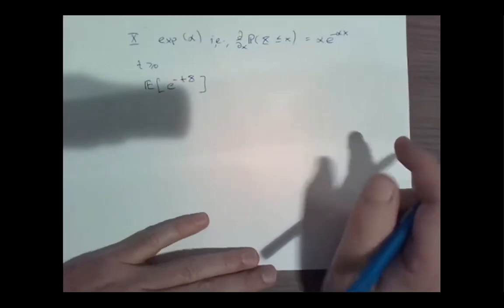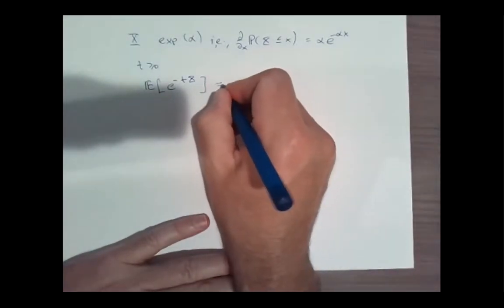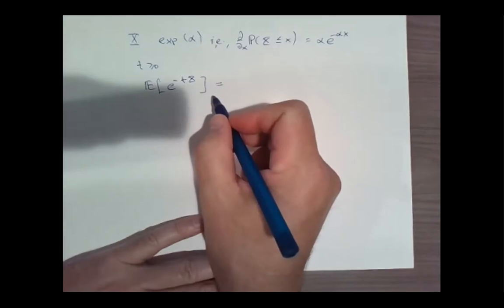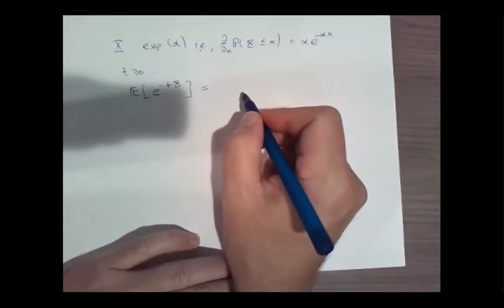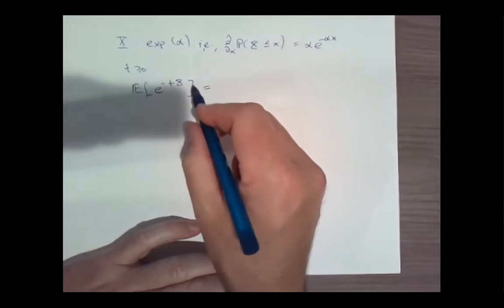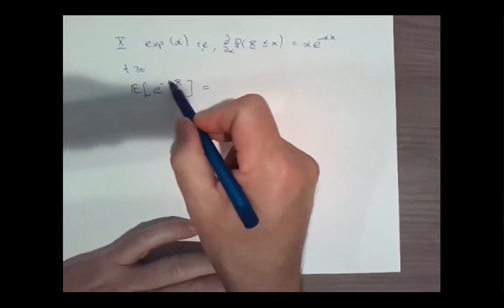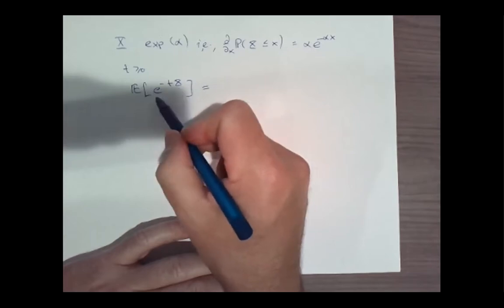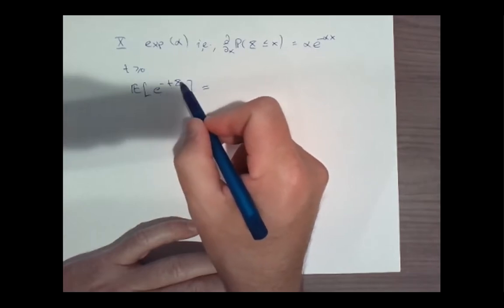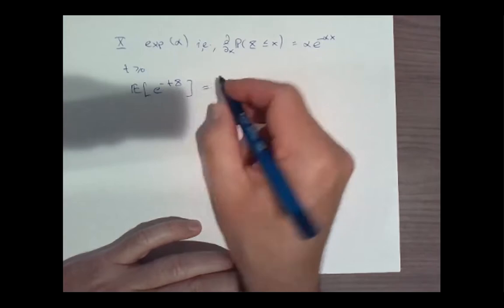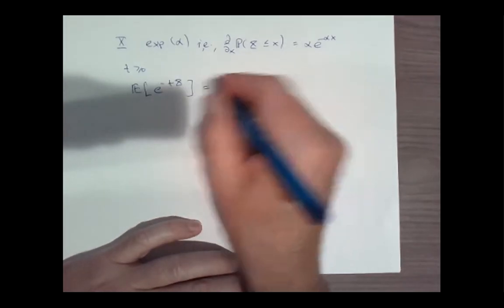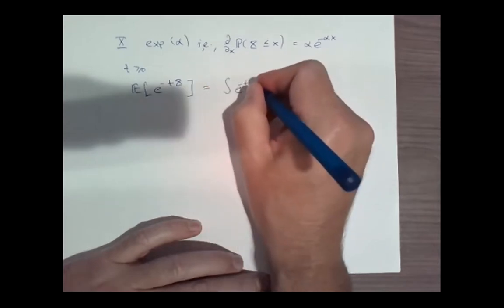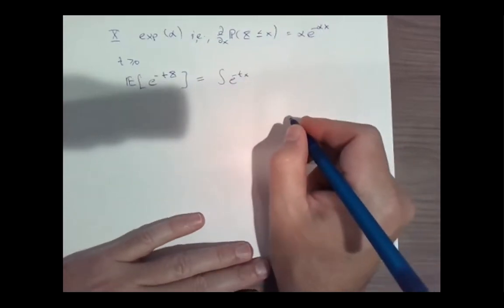In your probability course, you should have seen that these expectations can be computed as Riemann integrals. X is the random component; this is just a function. When you have a function of a random variable, the way you compute expectations is by taking that function and replacing the random variable with a dummy, little x.